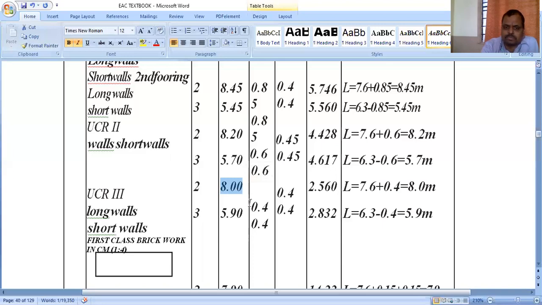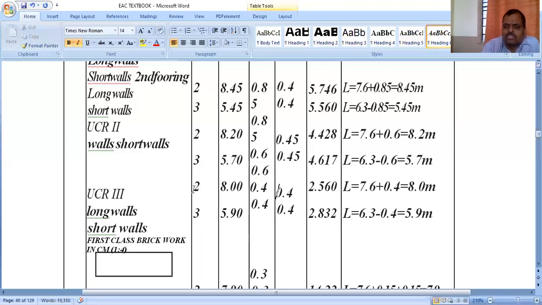After that, the width of the item is 0.4 meter, as well as the height of the item is again 0.4 meter.